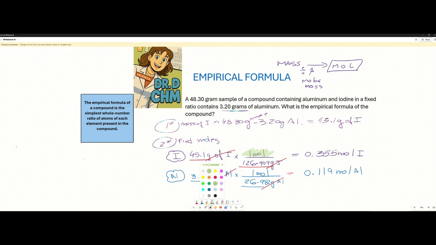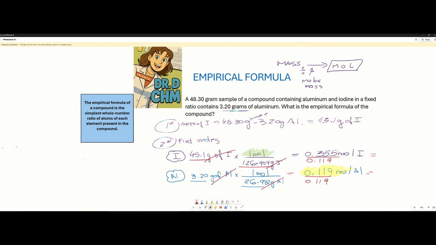So now look at those numbers and see which is the smallest one. The smallest one will be 0.119, right? So now we're going to divide both by 0.119. Let me grab my calculator. So this is 1, right?